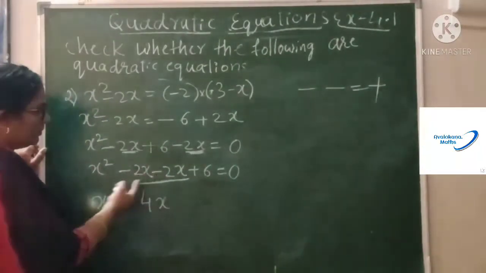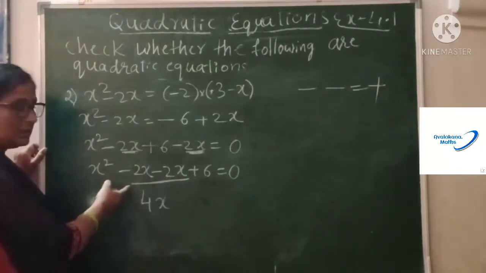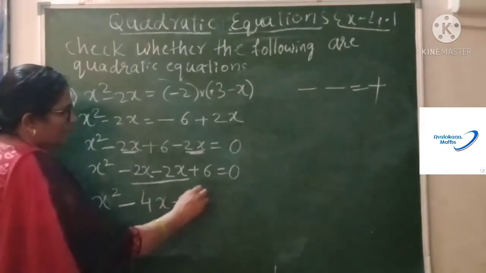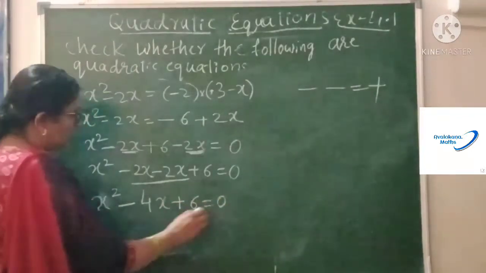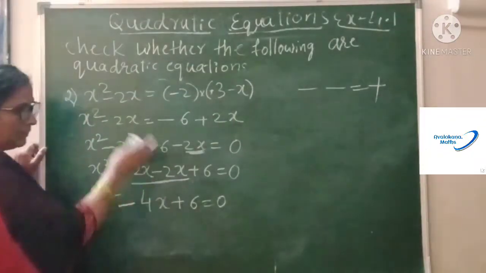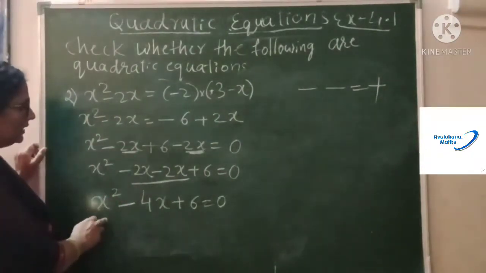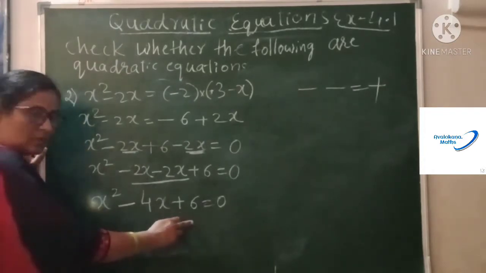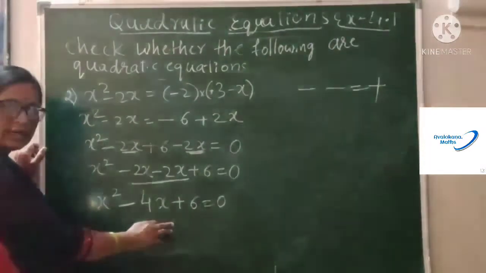Both are negative, no question of bigger and smaller. When both are negative, you keep the sign minus, and plus 6 is equal to 0. Very simple. Once again, this is a quadratic equation. Like the first problem, you write that it is in the form ax square plus bx plus c equal to 0. Therefore, it is a quadratic equation.